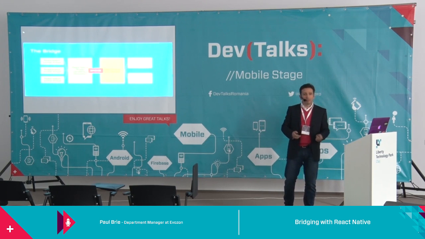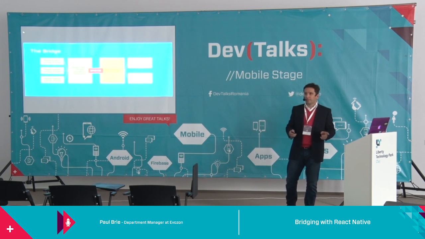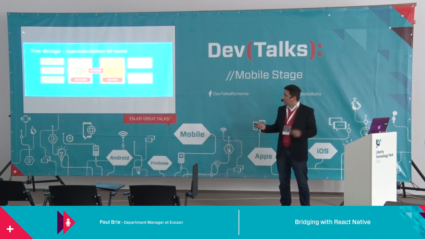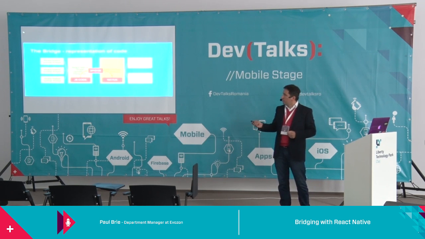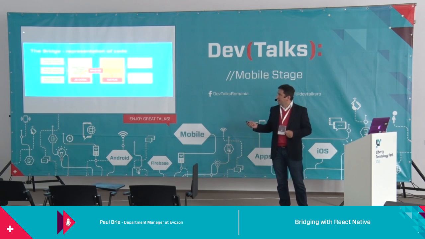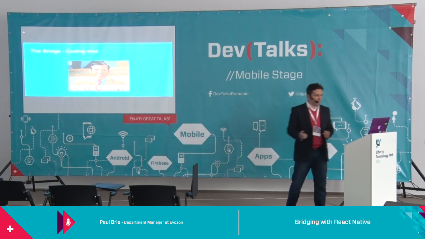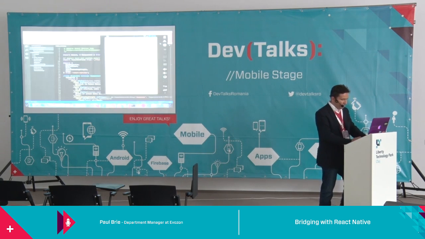What I'll try to show you is a short run through a piece of code so that you can see how easily you can achieve this. In the code that I will show you, we'll see how some JavaScript code can, through the bridge, call some native code. This is always a tricky moment. Everybody knows this. Hopefully everything will go well.